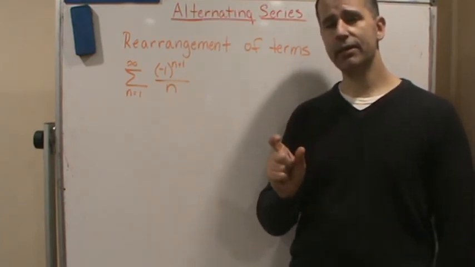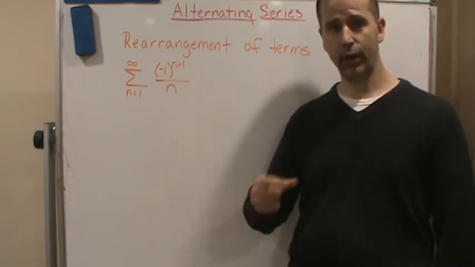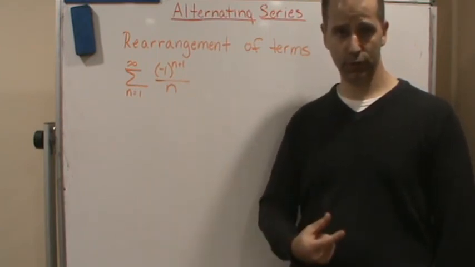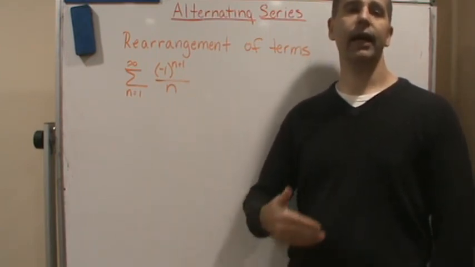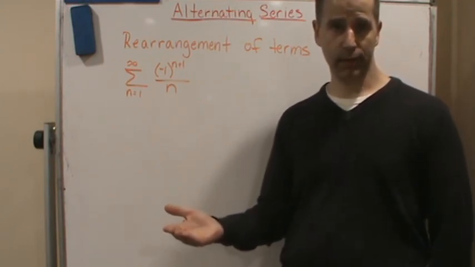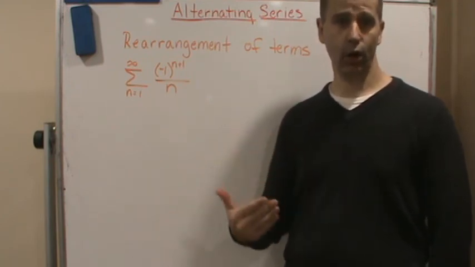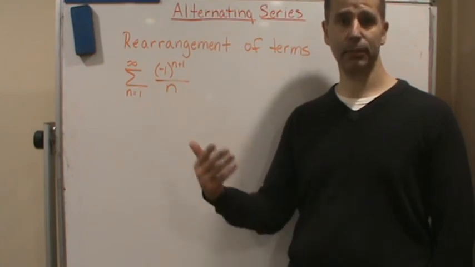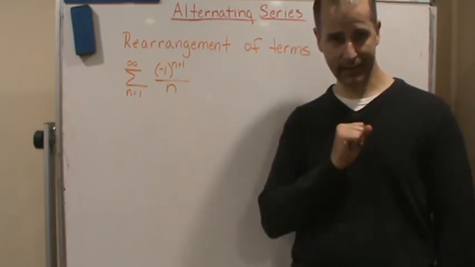But if the series converges absolutely, or exhibits absolute convergence, then it doesn't matter what the rearrangement is. Any and all rearrangements will give you the same sum. Okay, so that's the takeaway.